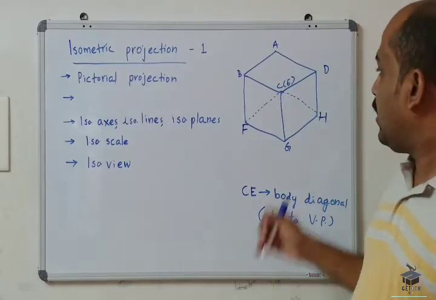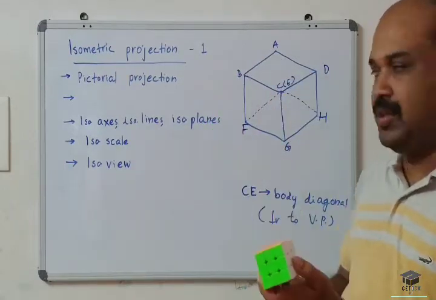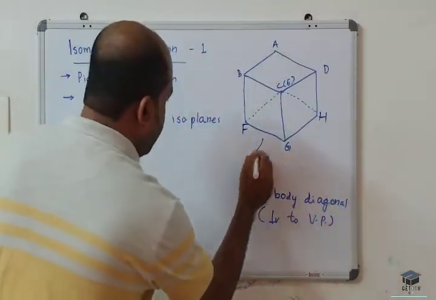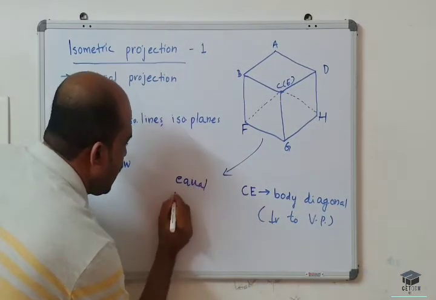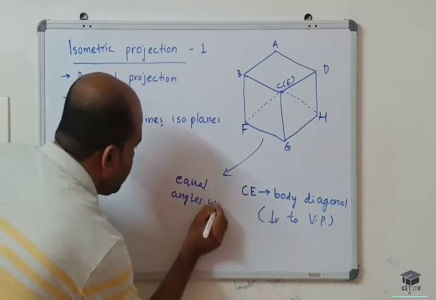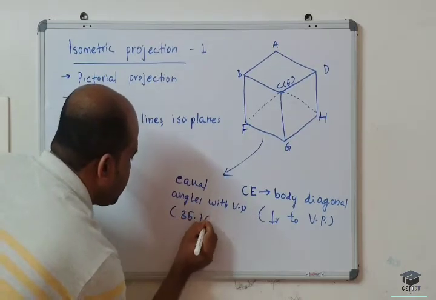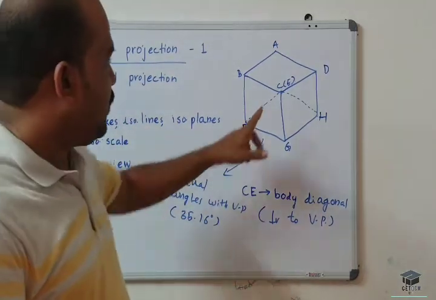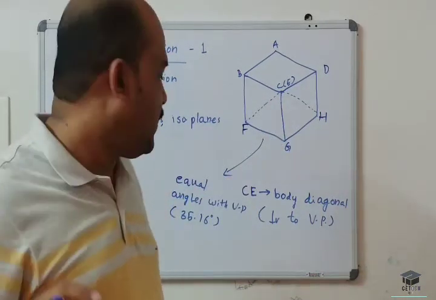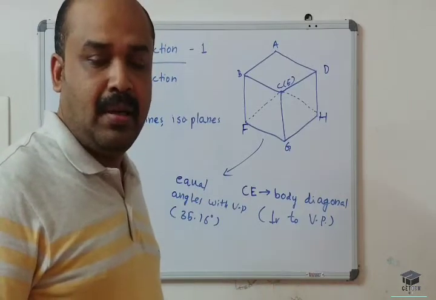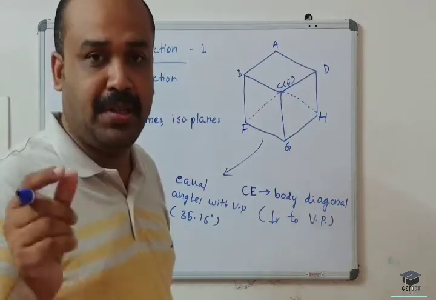This is because in this position all the edges make equal angles with the VP, and that angle is 35.16 degrees. So all the edges make 35.16 degrees with VP, so the length will be reduced, or foreshortened.